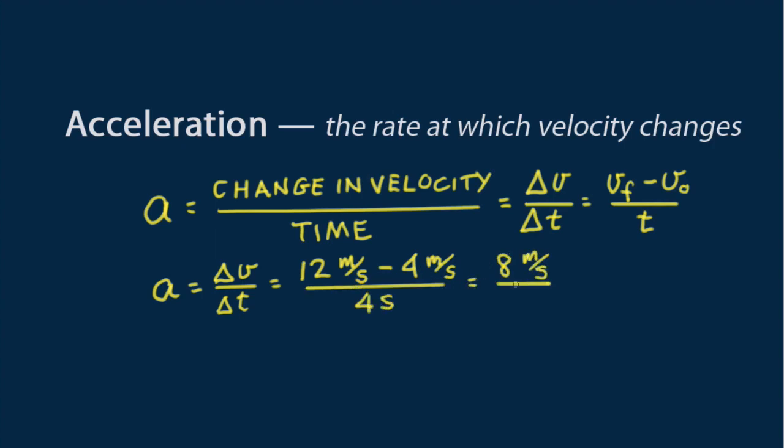That's equal to 8 meters per second divided by 4 seconds. We get 2 meters per second over 1 second, which is 2 meters per second squared. That's the acceleration. In each second, the velocity changes by 2 meters per second, which is why we say the acceleration is 2 meters per second per second, or 2 meters per second squared.